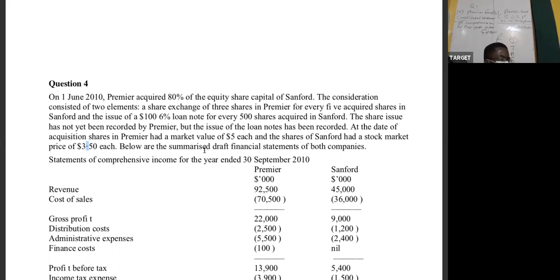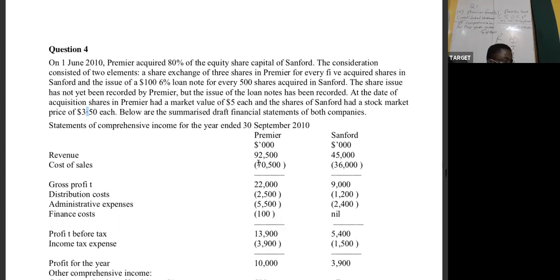So below are the summarized draft financial statements of both companies. Statement of comprehensive income for the year ended 30th September 2010. Okay, so that's good news. Parent and subsidiary, all of them, the financial statements are there.